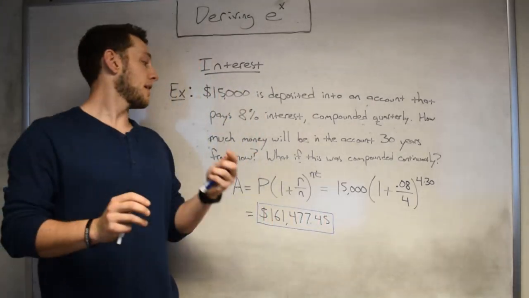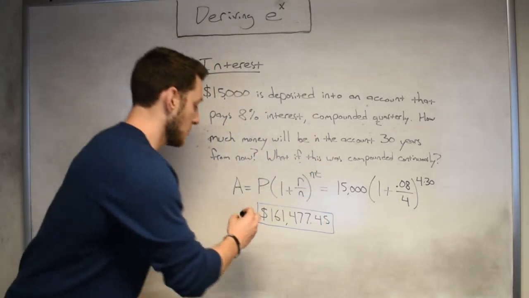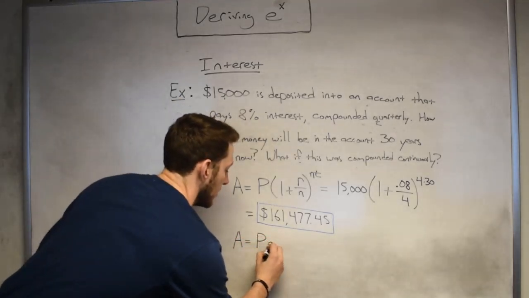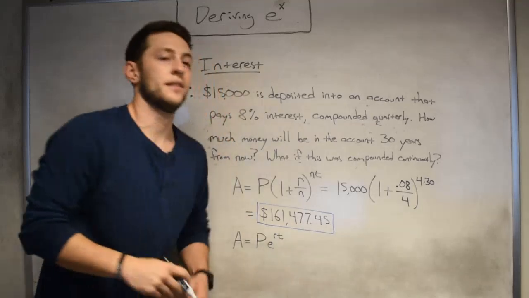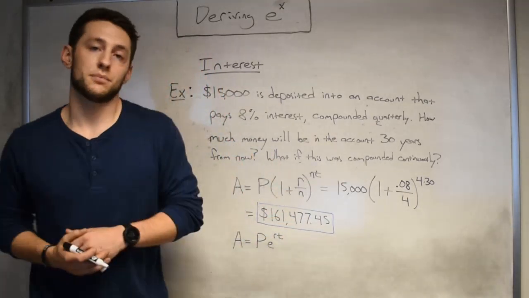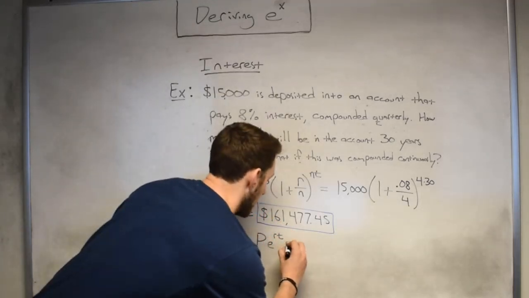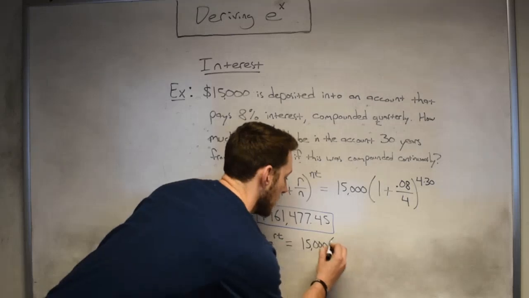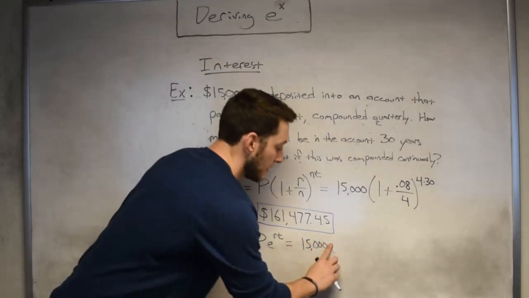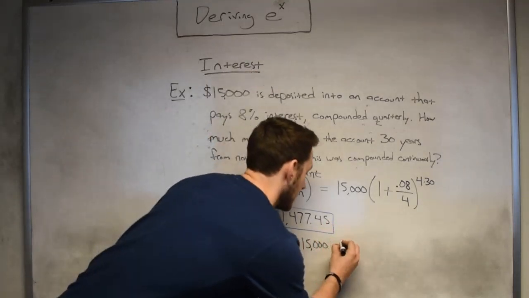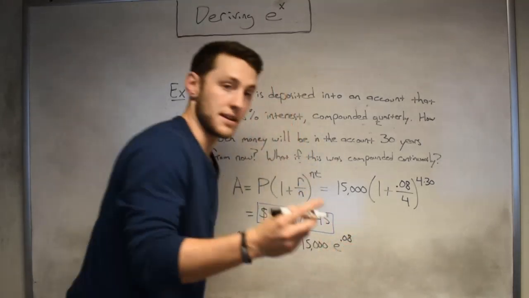Now if we want to compound continuously, we use a different formula, PERT. Once we have the formula, we just go ahead and plug in appropriately. So, P is still $15,000, and then we have e. r is still 0.08, and t is still 30.